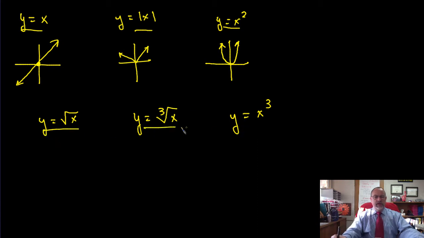So we're going to look at three new functions, and your job is to know, as soon as you see that, what's the general shape, what are some key points, and then we're just going to move it. Remember, with the absolute value, the key point was the vertex, and all I did was move the vertex. Same thing for the quadratic. I just moved the vertex. And here, what are the key points that I need to know, and how are they going to move? Having reviewed all that, let's take a look at these functions.